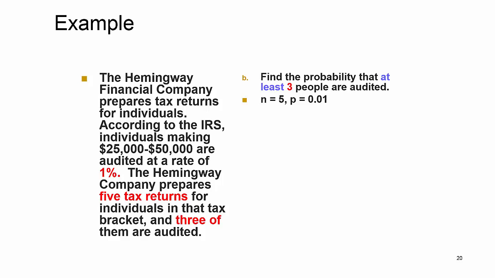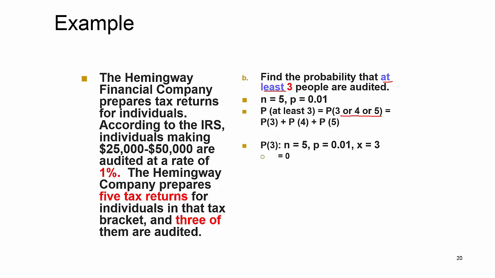So at least 3 is 3 or 4 or 5, because you can't go more than the total. Or means add. So this is the probability of 3 people audited plus the probability of 4 people audited plus the probability of 5 people audited. So watch out for phrases like at least or at most, because you're going to have to separate it into the individual probabilities and you're going to have to add them. And you have to look up these separate answers.